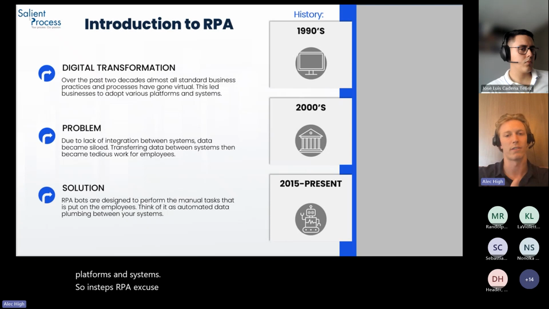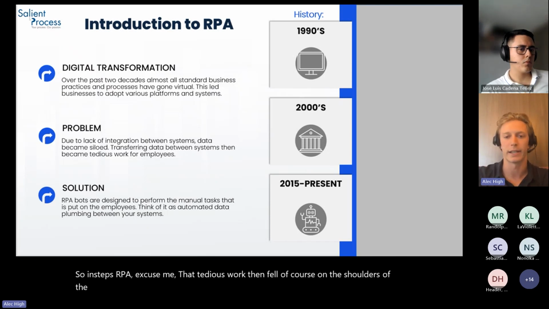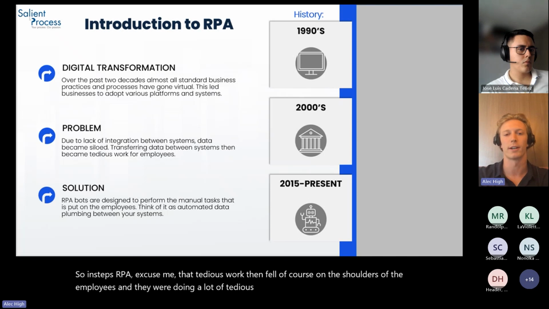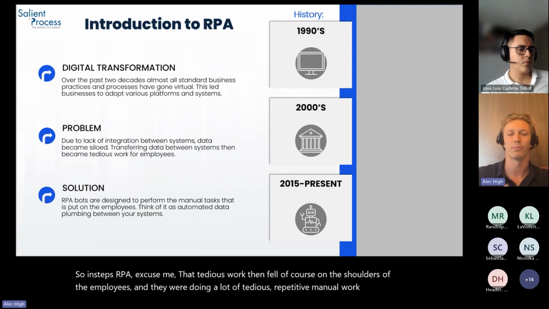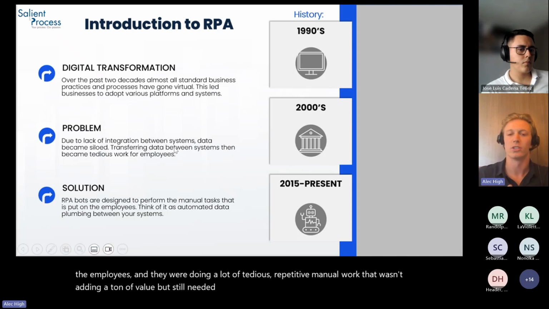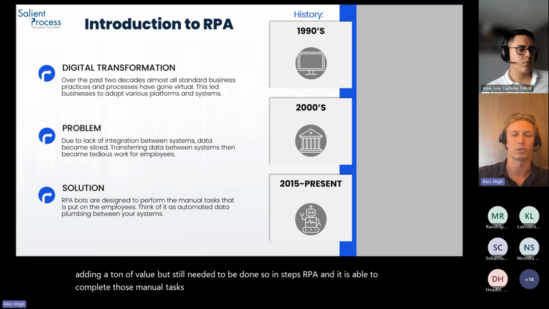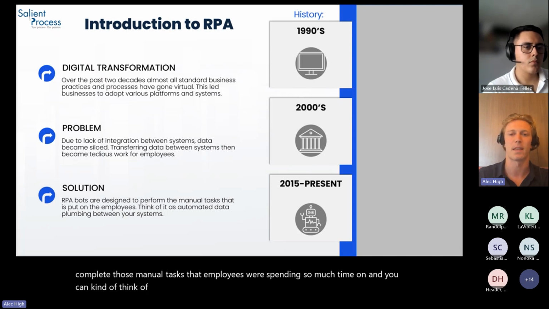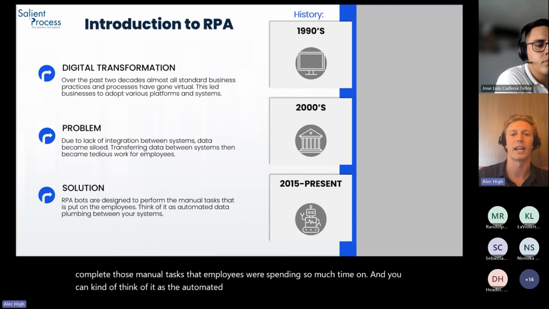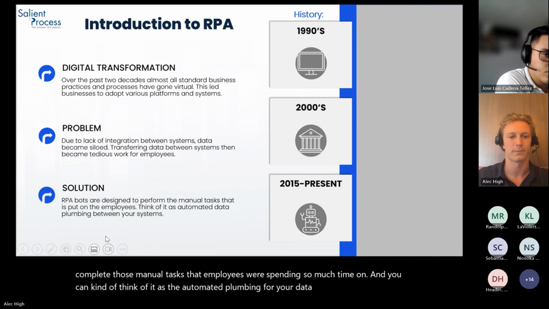That tedious work then fell, of course, on the shoulders of the employees, and they were doing a lot of tedious, repetitive manual work that wasn't adding a ton of value, but still needed to be done. So in steps RPA, and it is able to complete those manual tasks that employees were spending so much time on, and you can think of it as the automated plumbing for your data between systems.